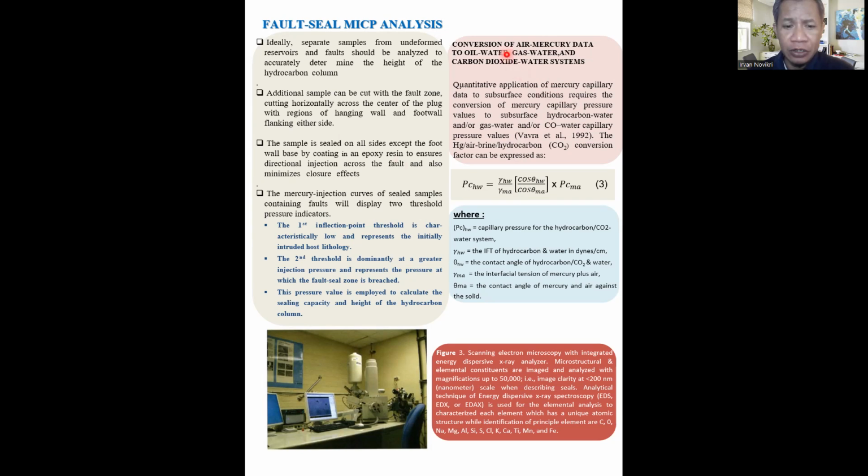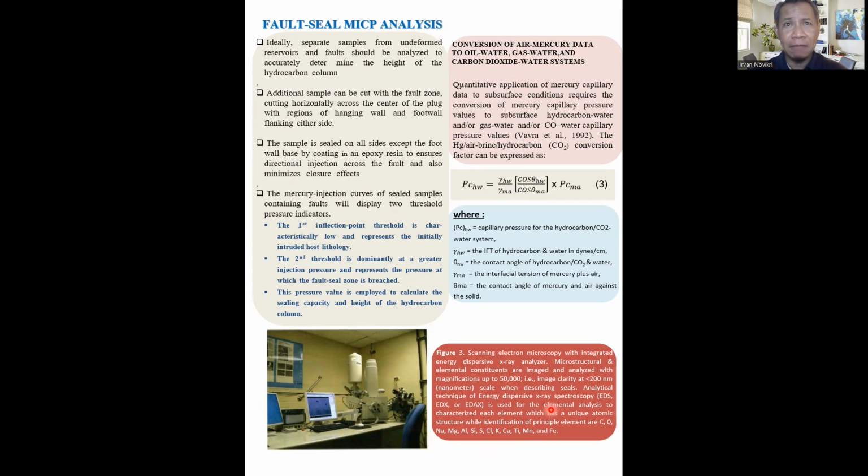If we look at the bottom, Figure 3, this is what we call scanning electron microscopy with energy dispersive X-ray analysis, a technique used to examine the microstructure and elemental composition of the sample.